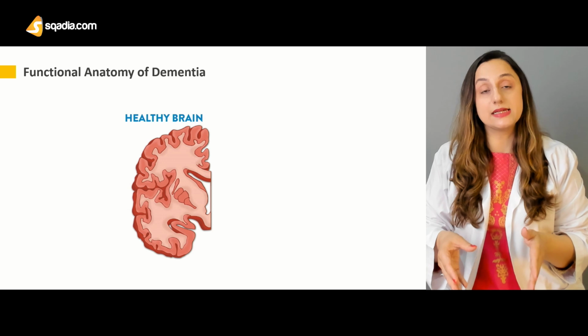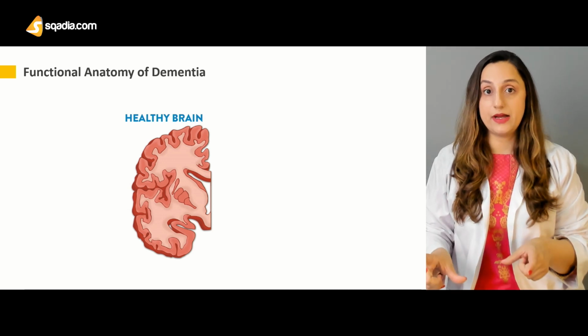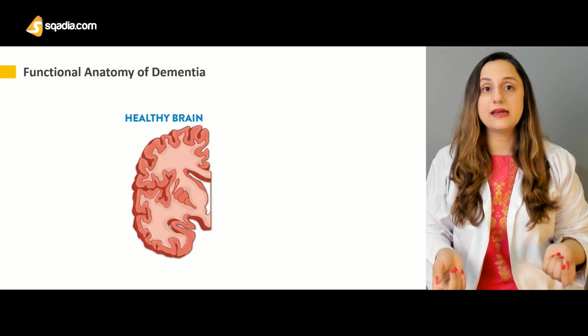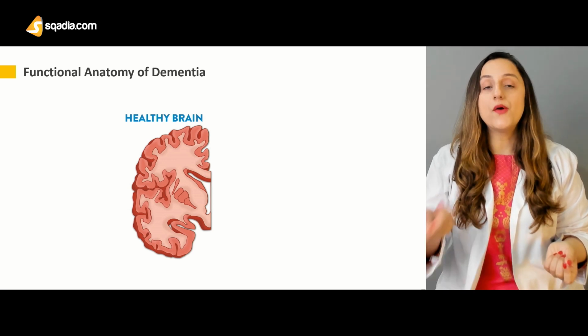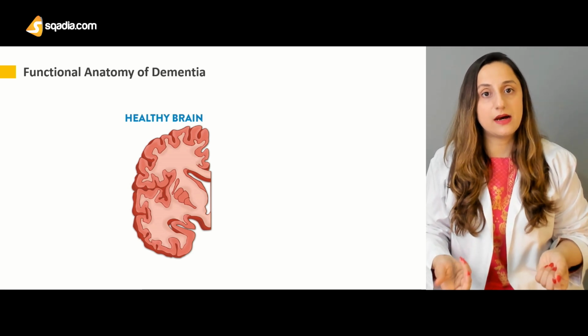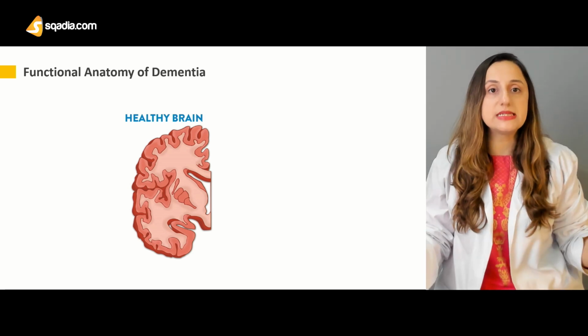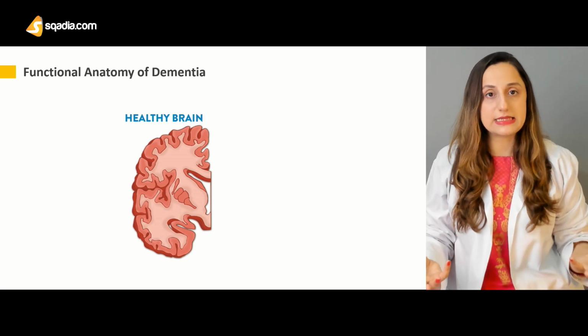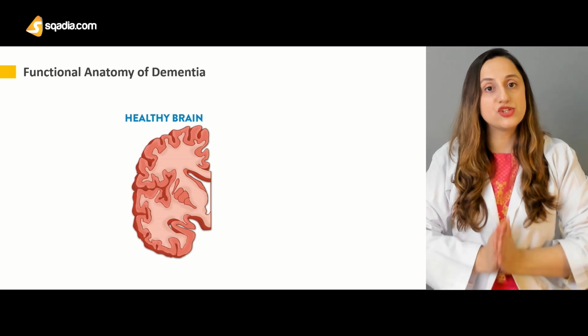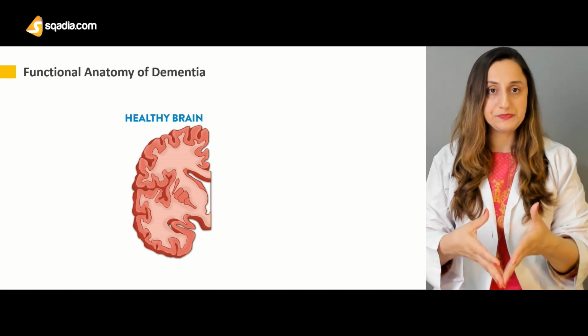On the other hand, we have Wernicke's area, which is again a speech area. If it is affected, then the comprehension of speech is affected. He or she is going to utter words which have no meaning, so it is going to be incomprehensible speech generated by the individual.